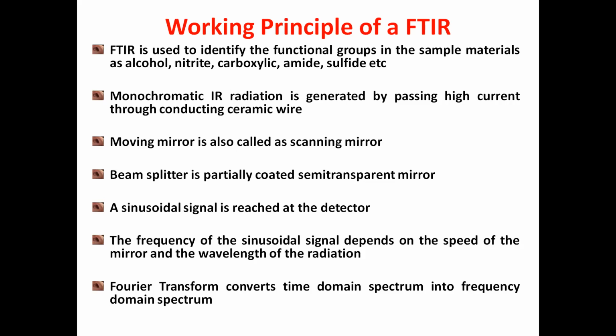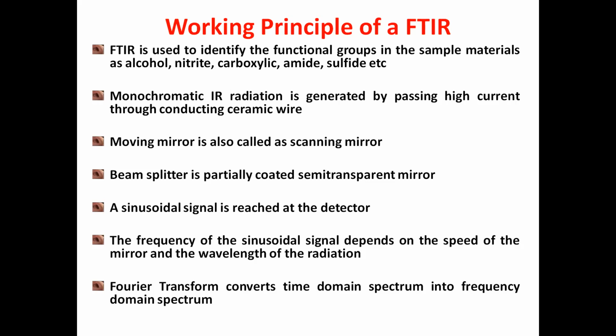The beam splitter is a partially coated semi-transparent mirror. This is very important. You will find this statement only with difficulty in different books and papers. What is a beam splitter? A beam splitter is a partially coated, not fully coated, semi-transparent mirror. So the beam splitter has refractivity of 50%, or refractive index 0.5.